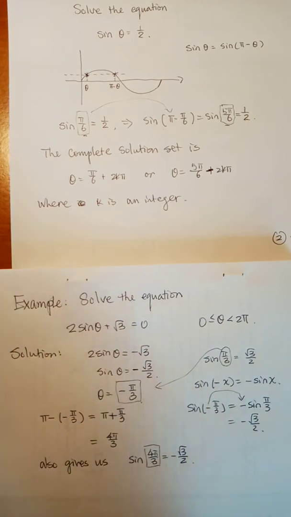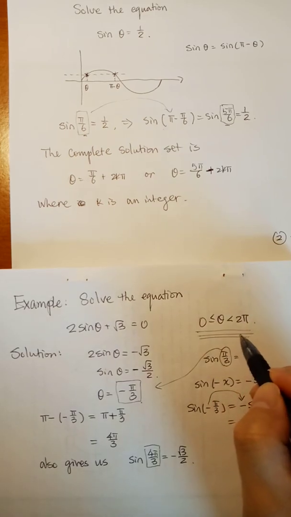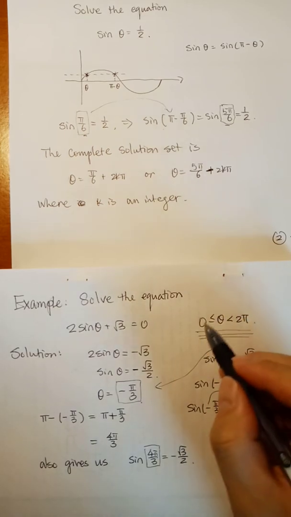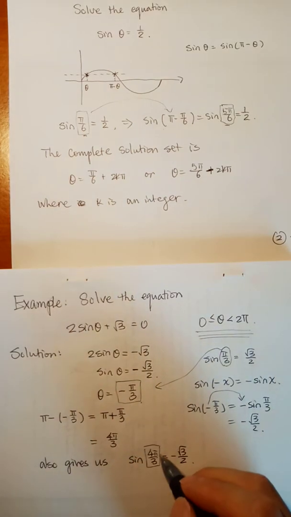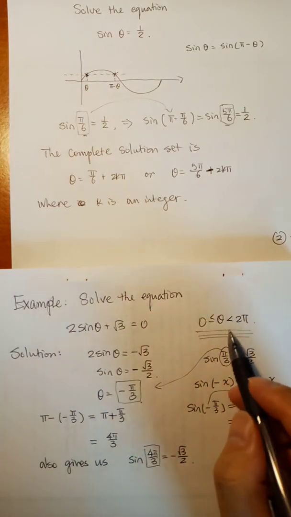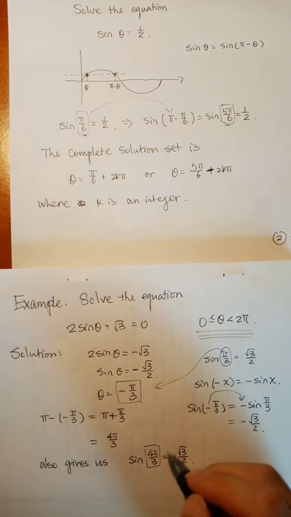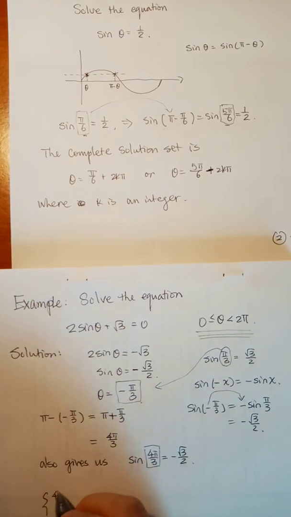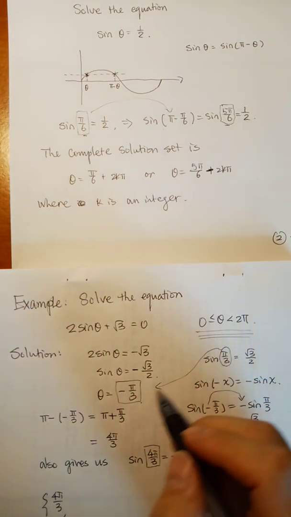But be careful, here we only want the solution in this domain. This is one solution, this is the second solution. This second solution is already in it, so we don't change it, we keep it here. But the first solution is not inside.